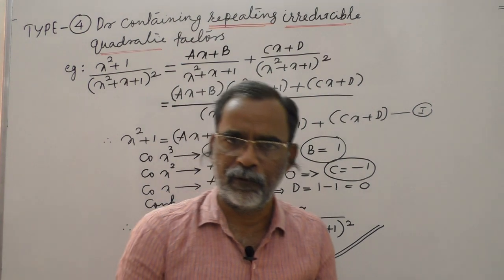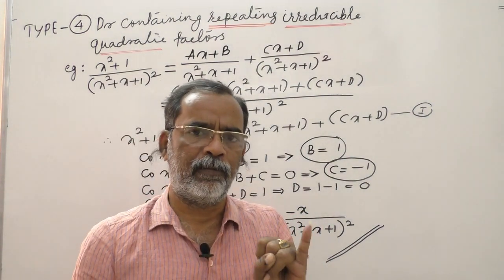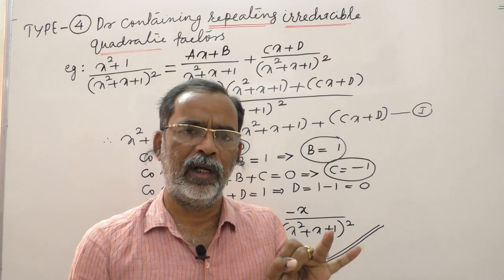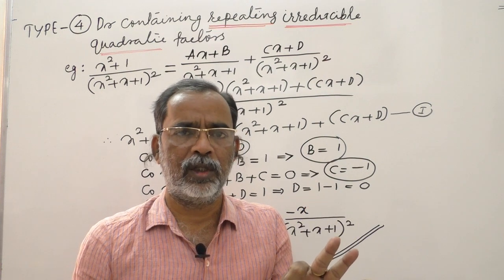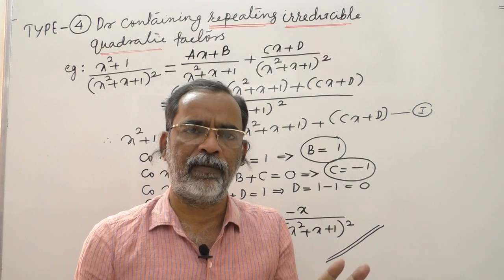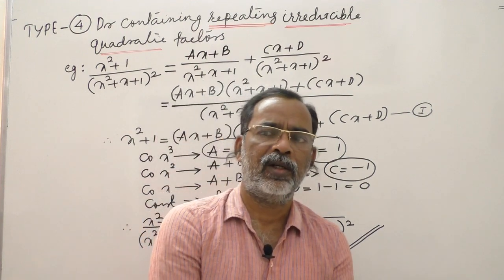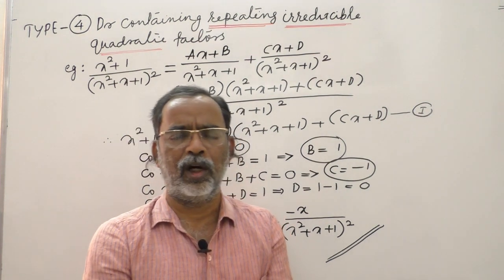This is type 4. So far we have completed 4 types. Type 1, non-repeating linear factors. Type 2, repeating linear factors. Type 3, non-repeating irreducible quadratic factors. Type 4, repeating irreducible quadratic factors. So we should apply these 4 types depending on the denominators.